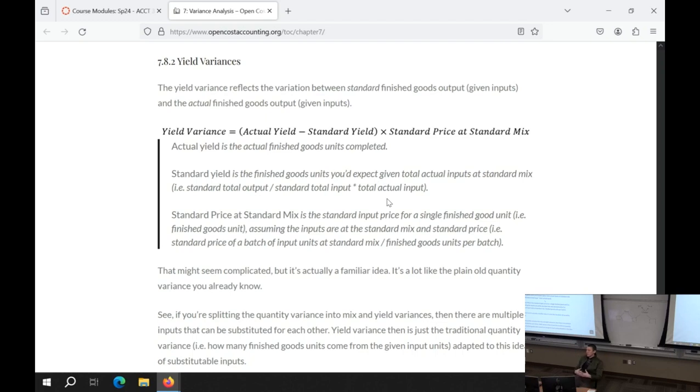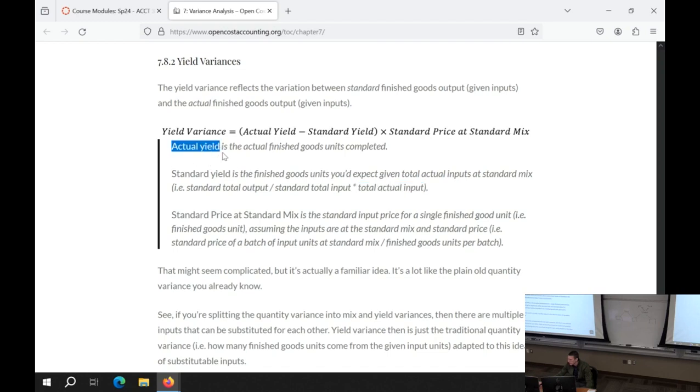So let's say we have 10 to 1, and then we put in 2,000 pounds. Okay, well, we'd expect 20,000. That's our standard yield. We expect 20,000 bags of trail mix given the ratio I set up and the 2,000 actual inputs that I told you about.